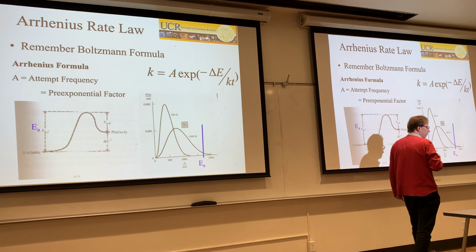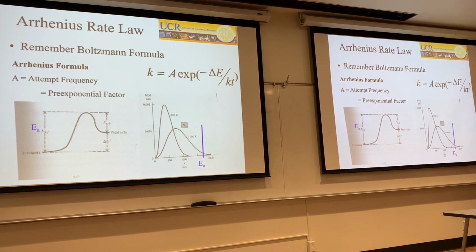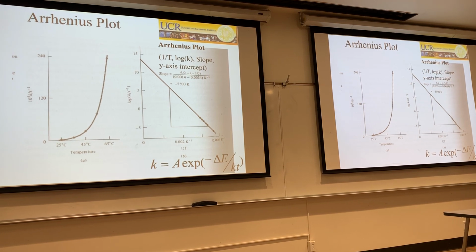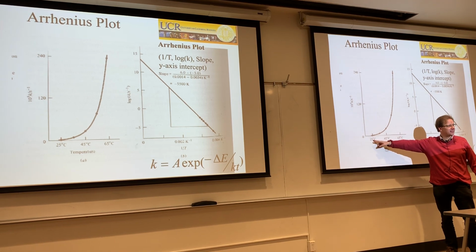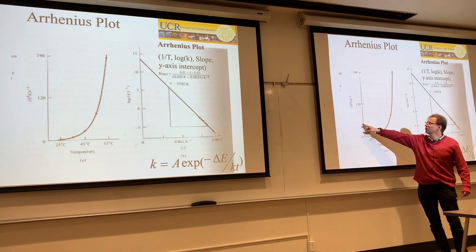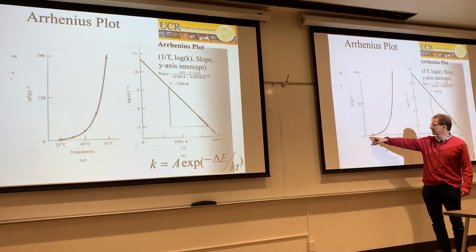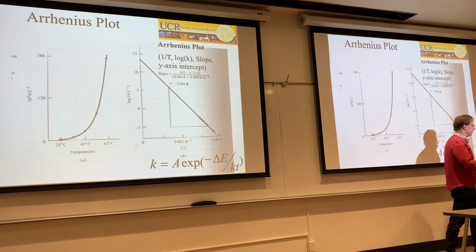If you do experiments, then how you find those values in the Arrhenius equation is by making an Arrhenius plot. You could, of course, plot on the x-axis the temperature and the rate constant on the y-axis, which is shown over here, and it's an exponential dependence, correct?